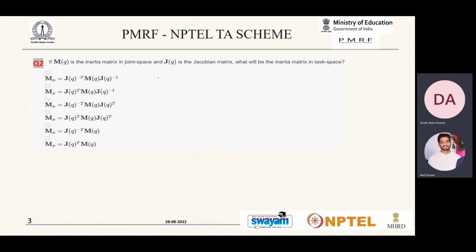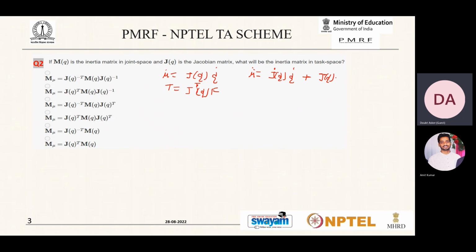You know that mu dot equals J of q times q dot, and tau equals J of q transpose times F. Now if we take the double derivative, we first differentiate J, keeping the other as constant, and then we have J of q and q double dot.